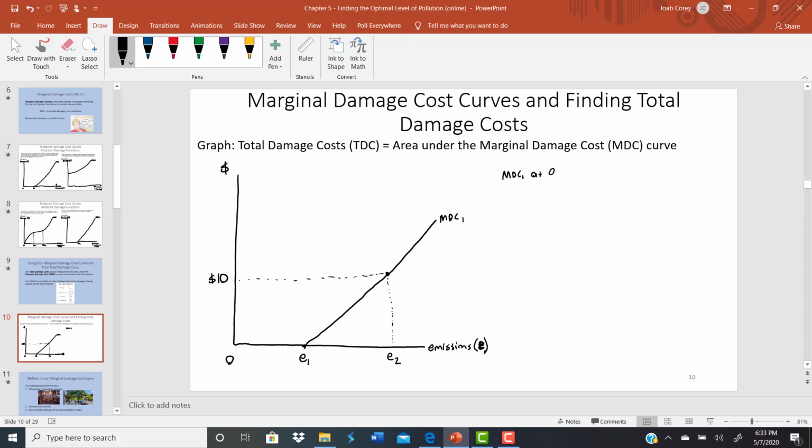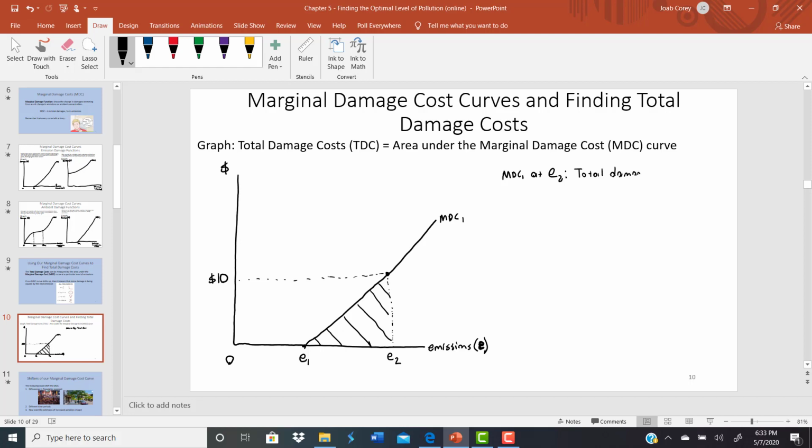and we are at E2 as our level of emissions, then the total damage cost is going to be represented by the area under that MDC curve when we're at E2. Or in other words, it's going to look like this area here, which yes, we will be able to calculate by the time this chapter is done. So this is going to be our total damage cost when we are at E2.